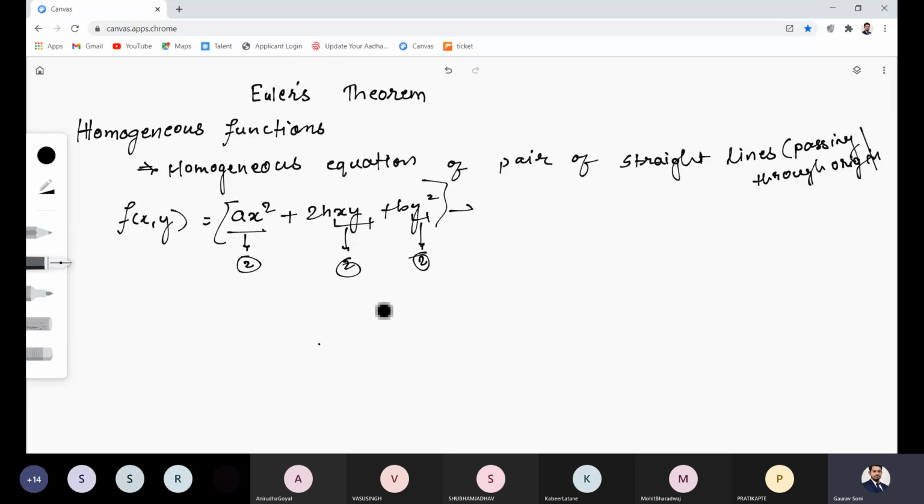Okay. So how do we put this definition mathematically?